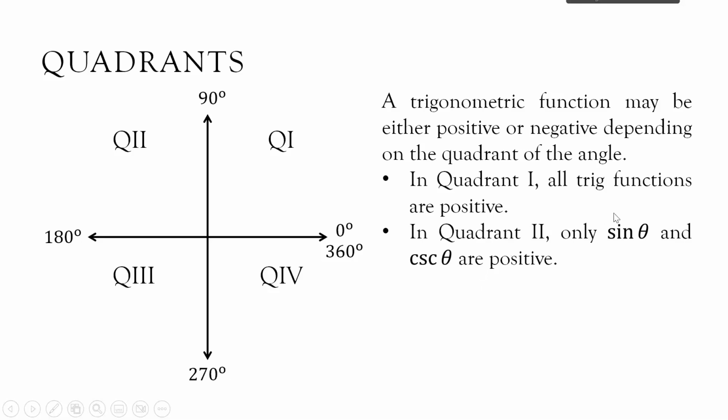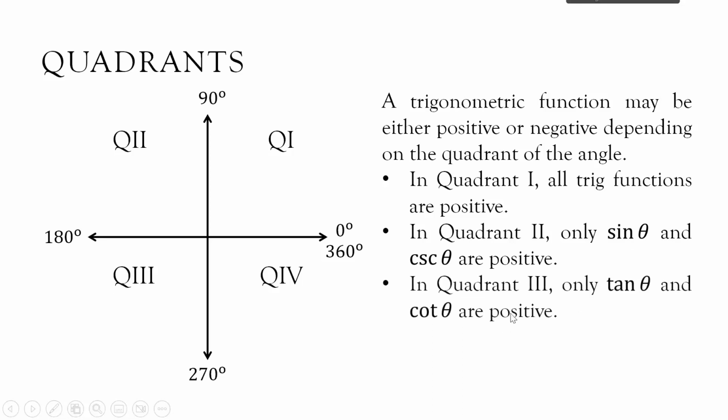And this makes a little bit of sense because remember, cosecant is just the same thing as sine, but just the reciprocal. That is flipped over. So I shouldn't be changing signs, the positive and negative, between sine and cosecant. What about quadrant 3? In quadrant 3, only tangent of theta and cotangent of theta are positive.